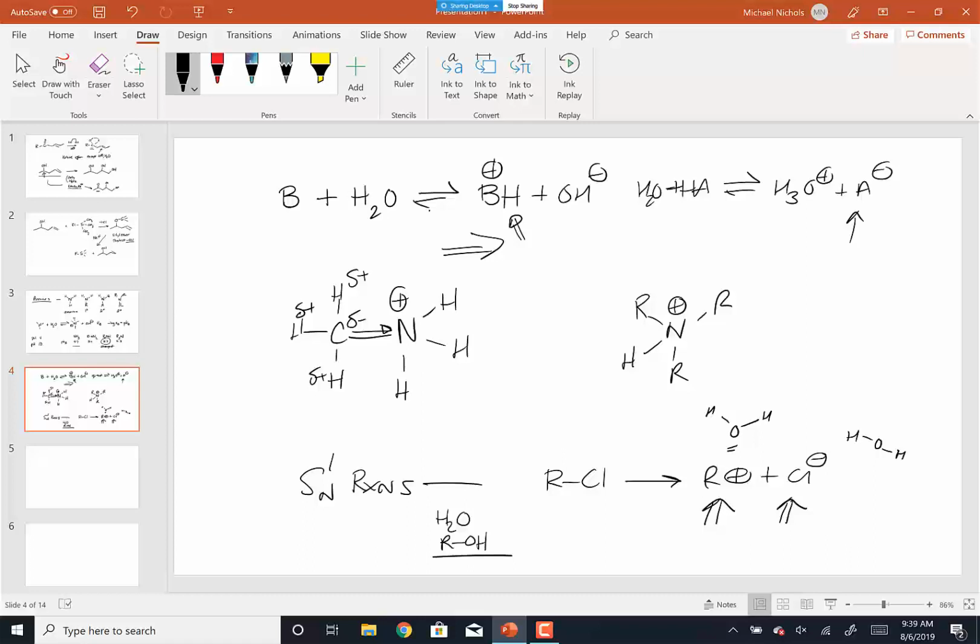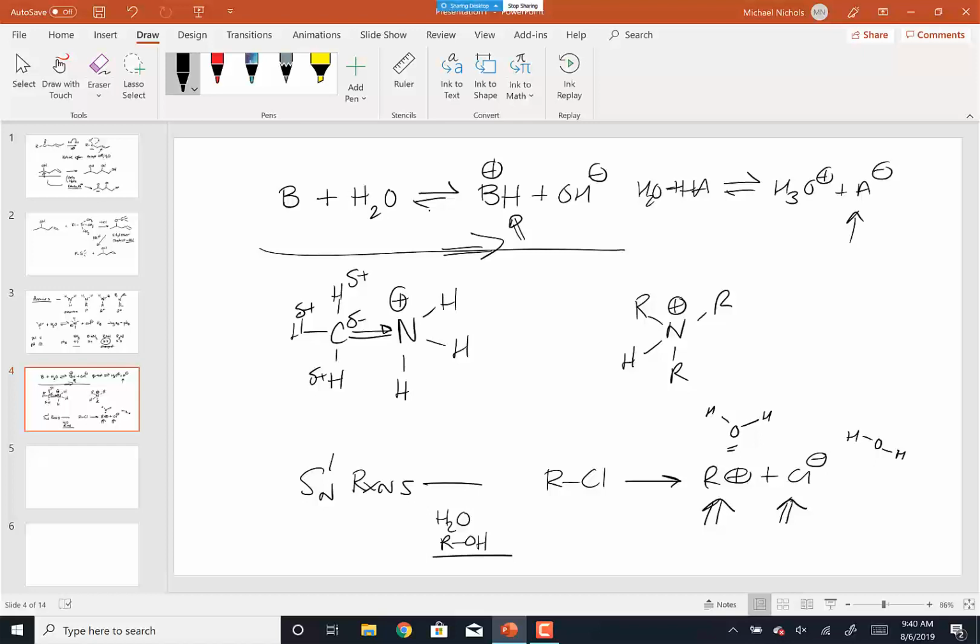So let's go back up here. What other factor goes into shifting this equilibrium? Will water solvate the BH plus better or worse as we go from primary to secondary to tertiary to ammonia?